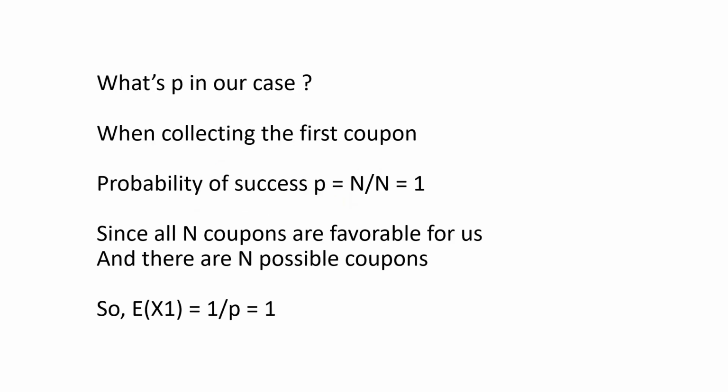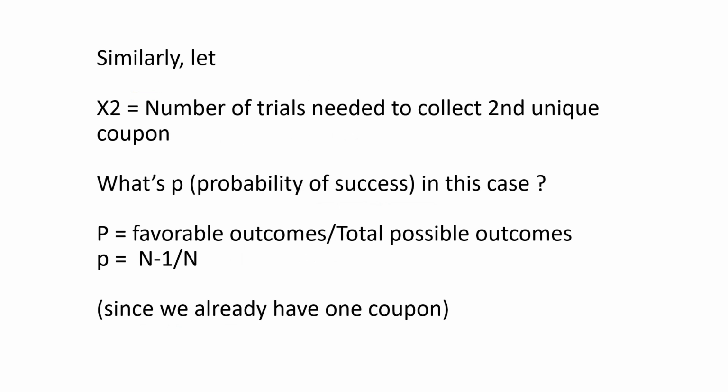So when we are focused on collecting just the first coupon, what's the probability of success p? Since all n coupons are favorable to us because we haven't yet collected any coupon, the probability of success p is given by n over n, which is equal to 1. So the expected value of the number of trials is given by 1 over p, which is also equal to 1.